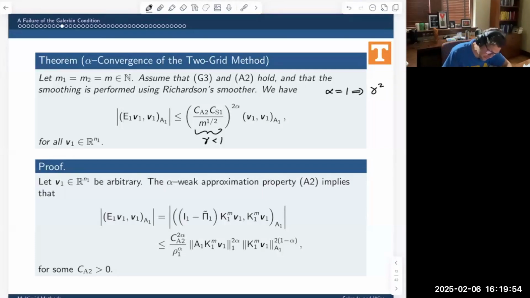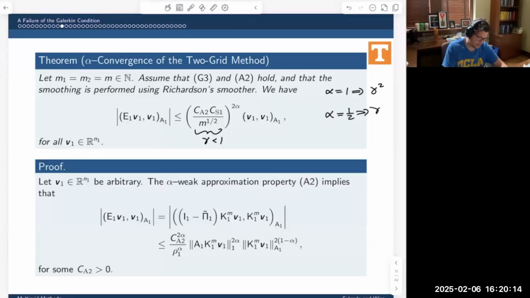Now, what do we lose when we go to a weakened convergence? Let's say alpha equals a half. Well, if alpha is equal to a half, and let's suppose that this is like 0.7, then our convergence is going to remain just gamma, right?